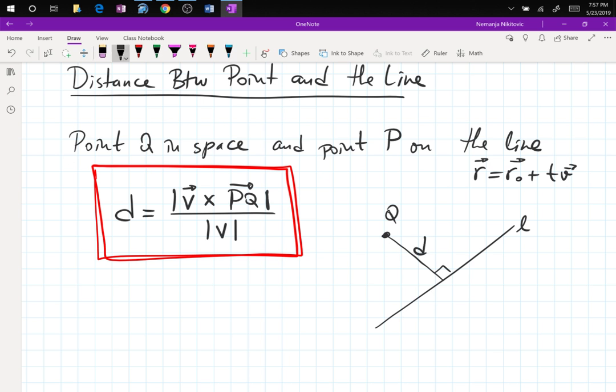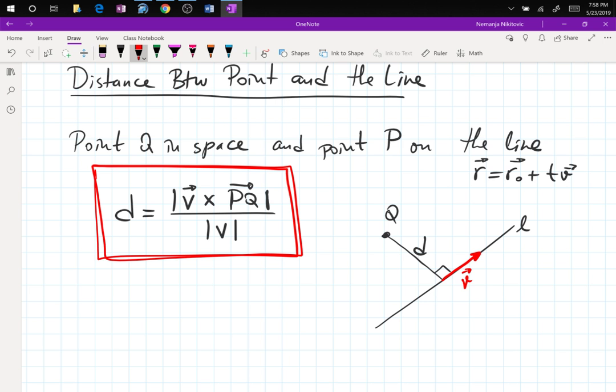So here you see that angle of 90 degrees, which is why we have a cross product. And the vector V is any vector that is in the direction of our line. Dividing vector V by its magnitude gives us the unit vector, right?